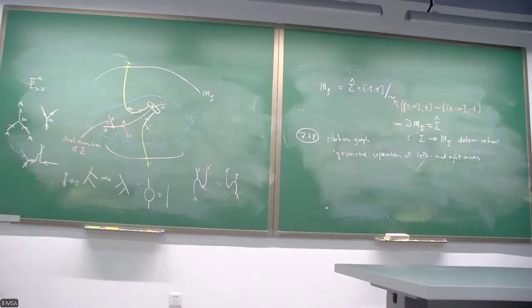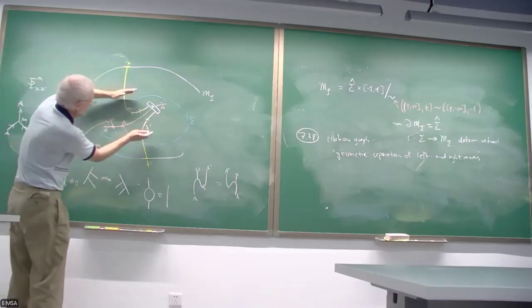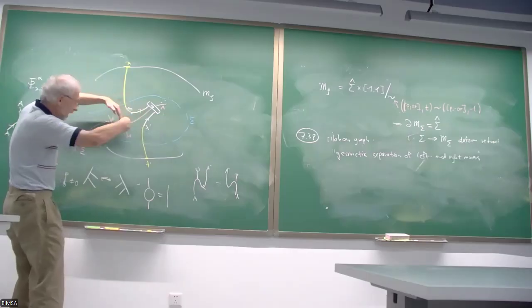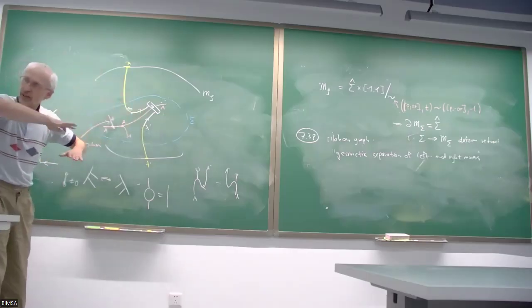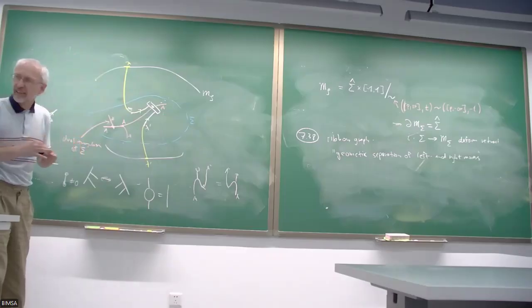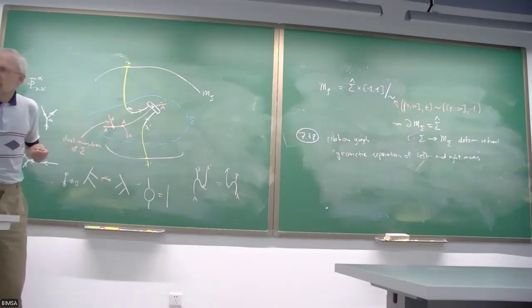So this graph is in sigma. That is, this part of the graph is in sigma, but then out of the graph, say, horizontal, sigma cross 0. Okay. Or essentially, well, space.